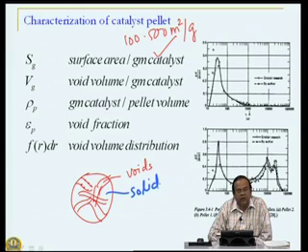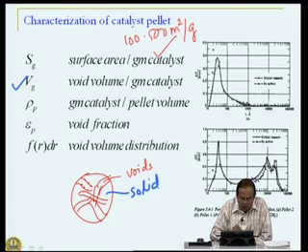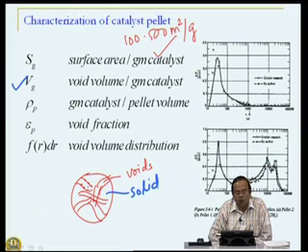So, the catalyst actually consists of both these things. The quantity of interest therefore is not the total volume of this catalyst pellet, because if it is a solid block, total volume has no meaning, because there is no space for gas to flow. So, what is of importance is the void volume. So, we have void volume Vg, which is all this volume that is available for gases to flow through per gram of catalyst.